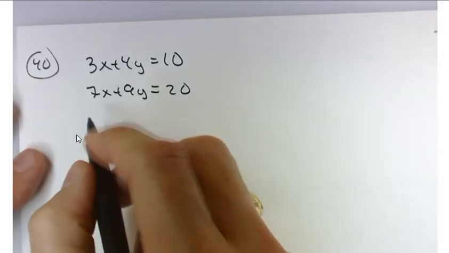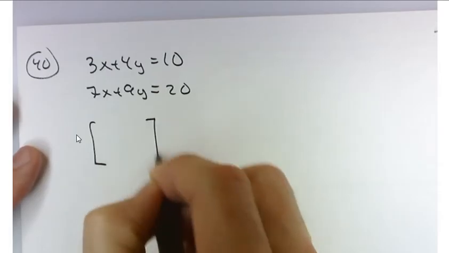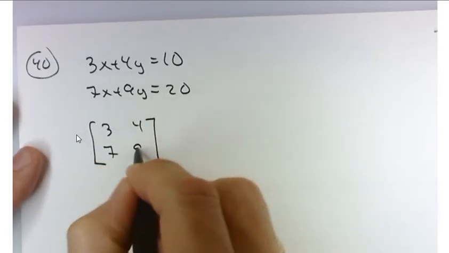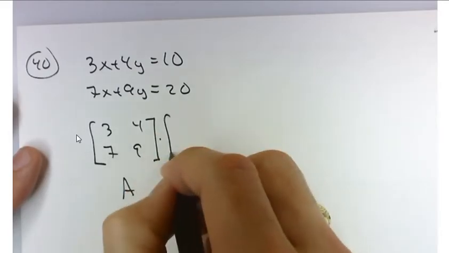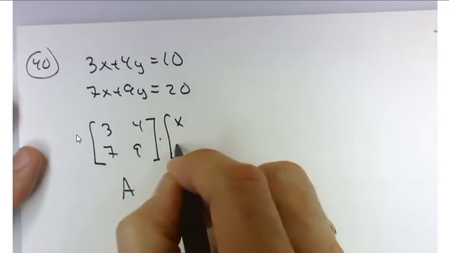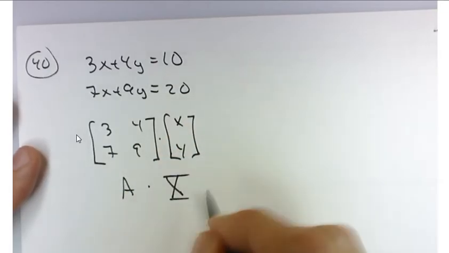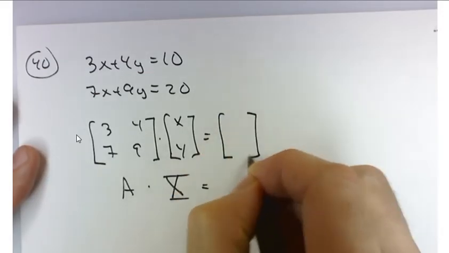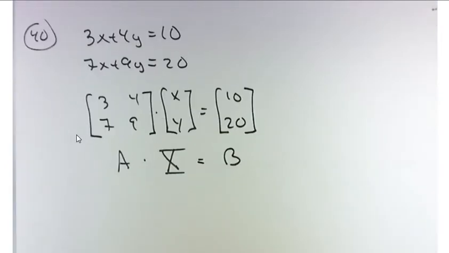Let's rewrite this using matrix notation. I can write this as 3, 4, 7, 9. So that's a 2 by 2 matrix times a 2 by 1 matrix. And I'll call this one capital X equals 10 and 20. And I'll call that one B.